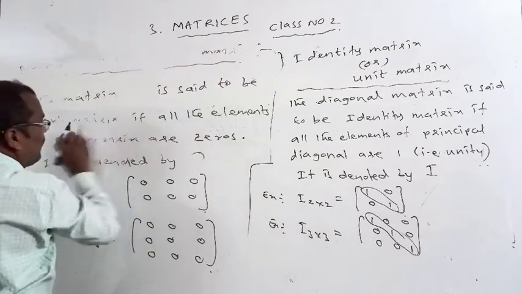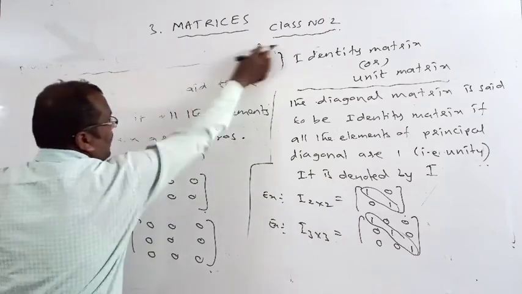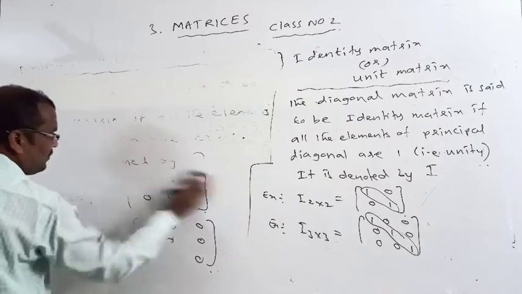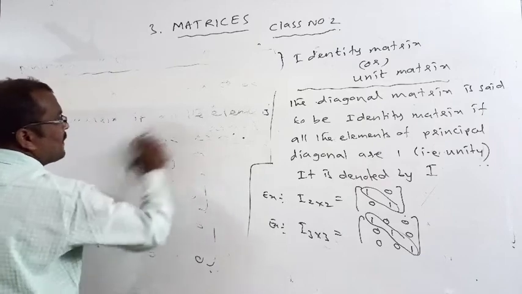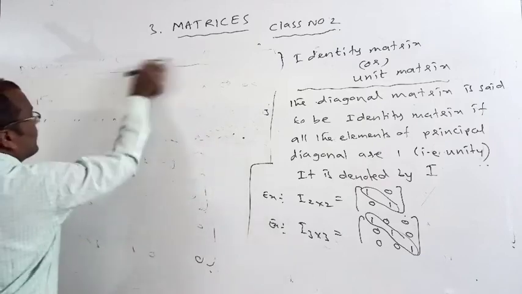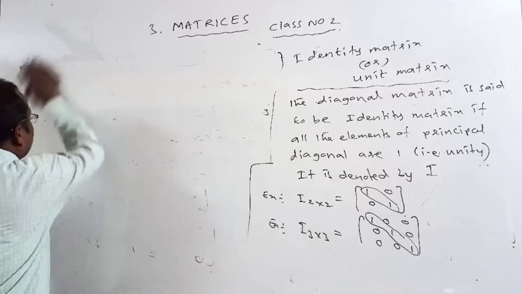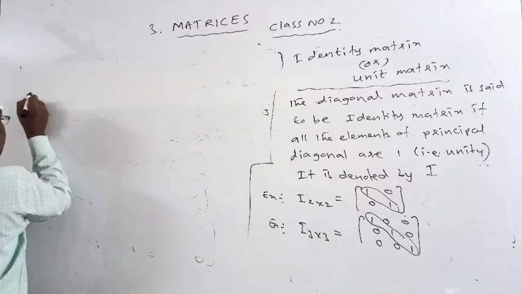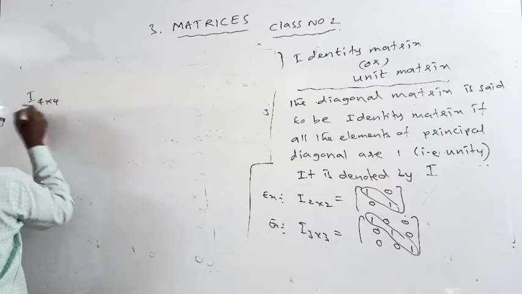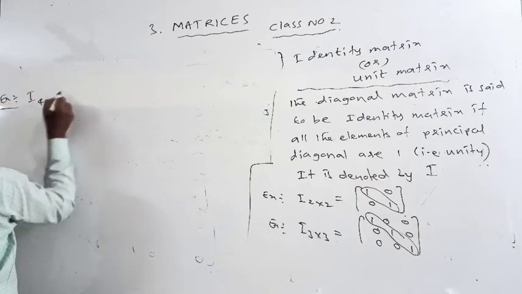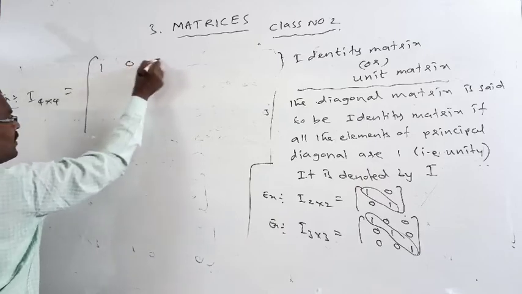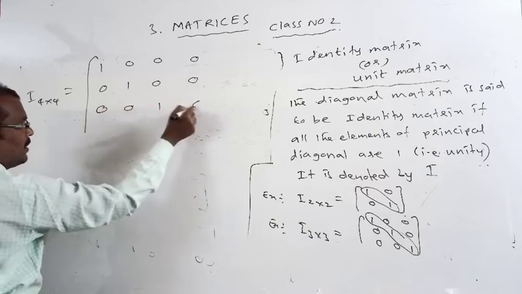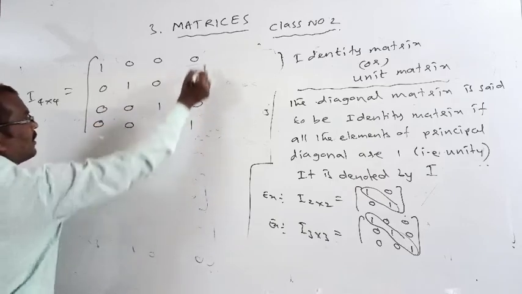Give the example of I 4 by 4. 1 0 0 0, 0 1 0 0, 0 0 1 0, 0 0 0 1.